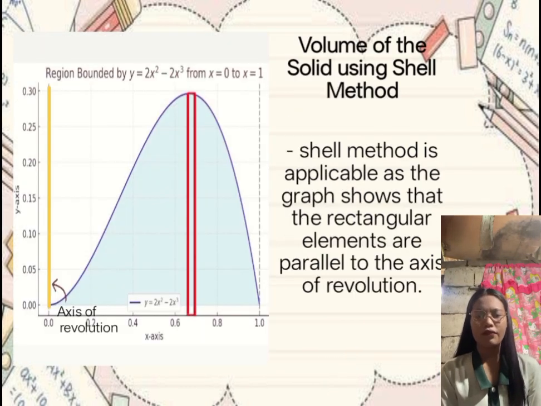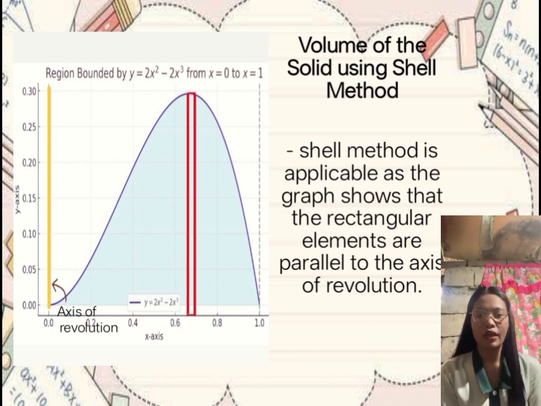In the figure, we can see a red rectangular element and the yellow vertical line, which is our axis of revolution. So based on the illustration, we will not use the disk or washer because the rectangular element appears to be not perpendicular to the axis of revolution but is parallel to the axis of revolution.